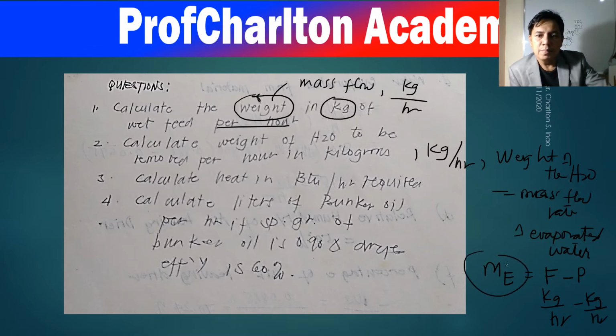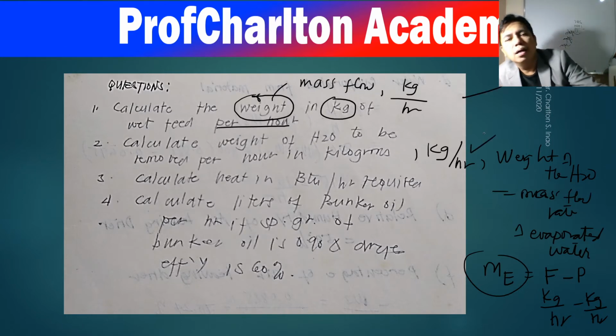Then you will get the amount of water, the weight or the mass of water being removed. So this is clear, number one and number two. Both of them are mass flow rate, or weight per unit time.